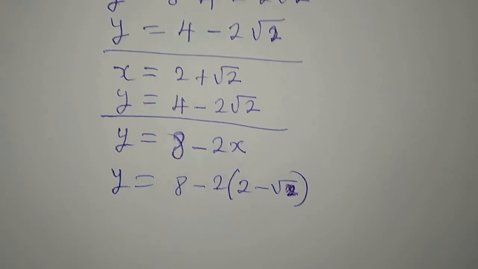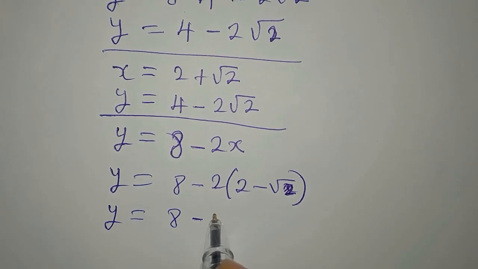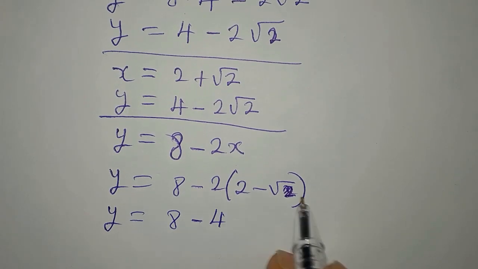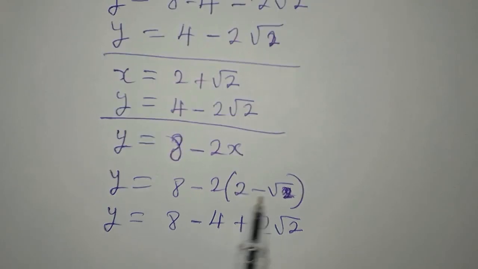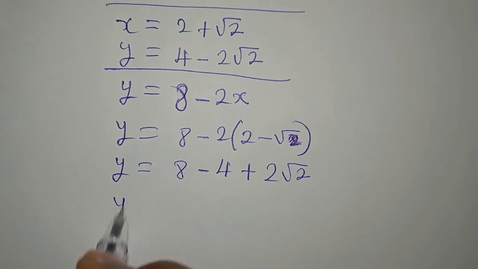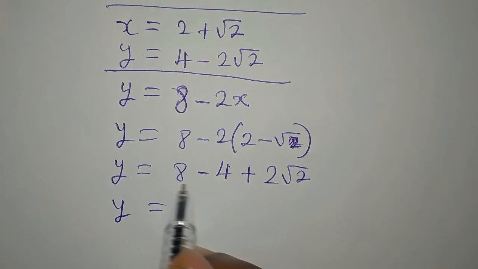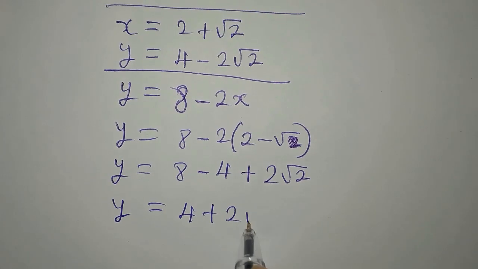Okay, so let's open the bracket so that y is equal to 8 minus, this times this will give us 4. Then this times this will give us plus 2 root 2, because negative times negative is positive. Now from here, y is equal to this minus this, which is 4 plus 2 root 2.